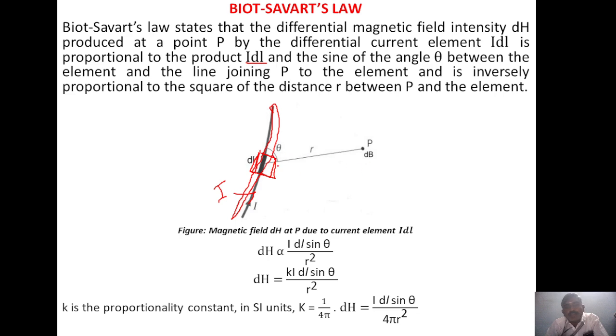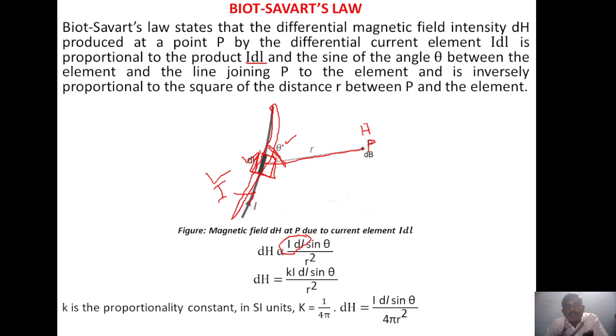Suppose we consider a point P at a distance r from this small element. The magnetic flux density B or magnetic field intensity H at point P is directly proportional to the product of current and the small elementary length, I into dl, and the angle theta between the current element and the line joining it to point P.